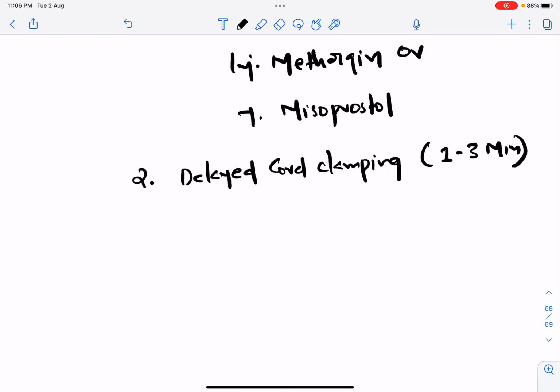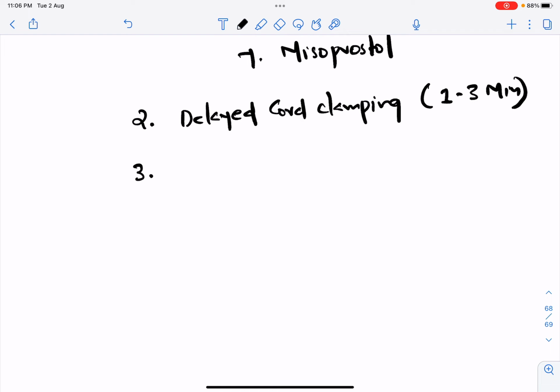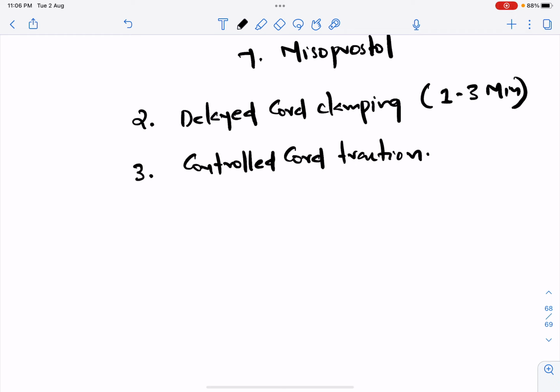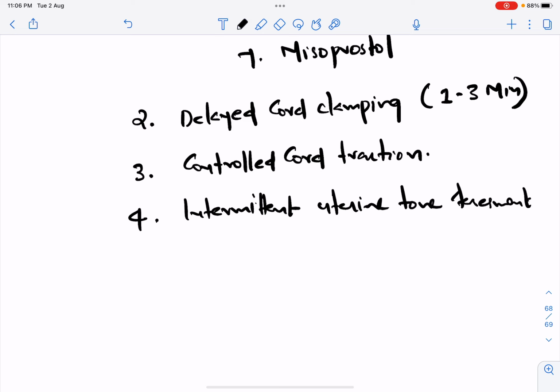The third component is controlled cord traction. And the fourth component is intermittent uterine tone assessment. Uterine massage is no more a component of third stage active management.